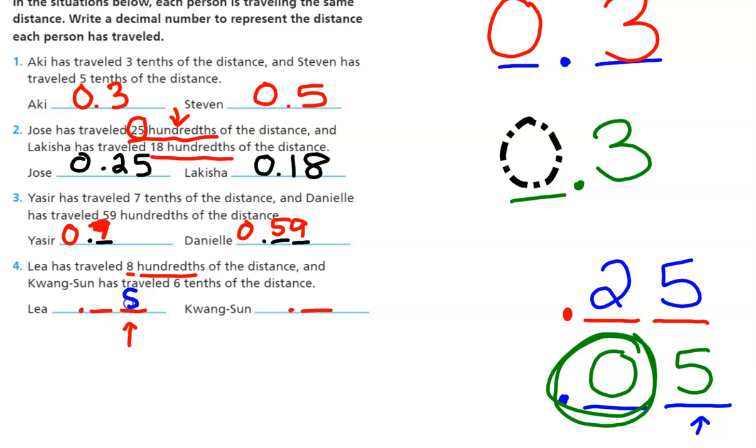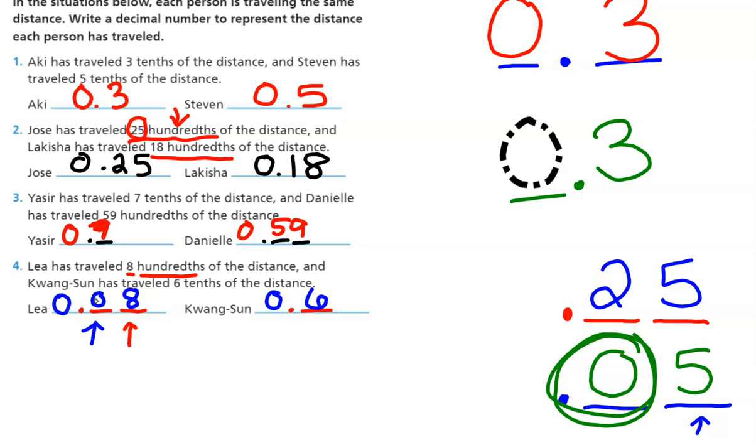So I'm going to put an 8 there for Leah, and then a 6 there for Kwang Sun, and as a reminder, you need those zeros there in front. I need to show myself here that there's nothing in the tenths place. Leah didn't have any tenths, she only had hundredths. So in order to show that, we're going to put a 0 there to hold the place for us.